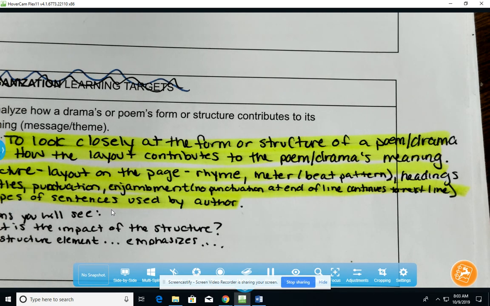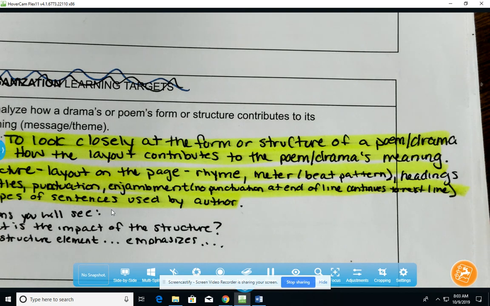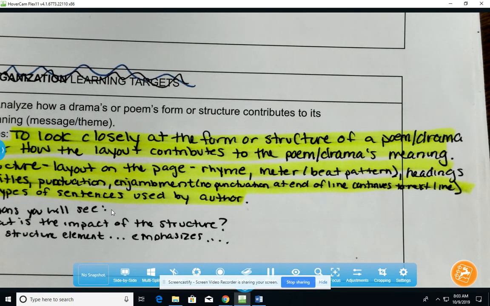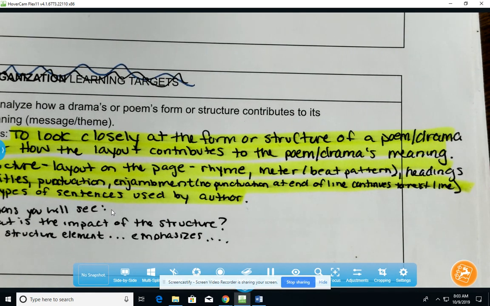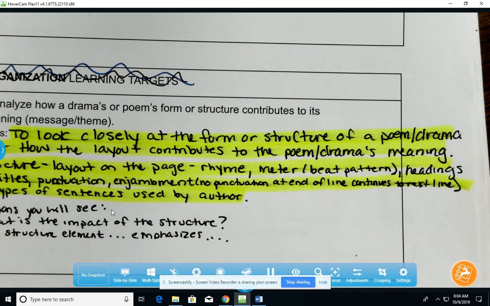We still have that dramatic pause at the end of each line, even though there is no punctuation mark. That creates emphasis within the line that causes us to look at what the line's about more closely. Where the author ends a line with enjambment, they do that to emphasize other words within the lines.